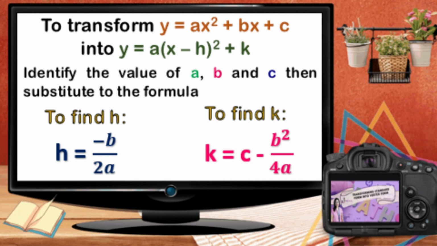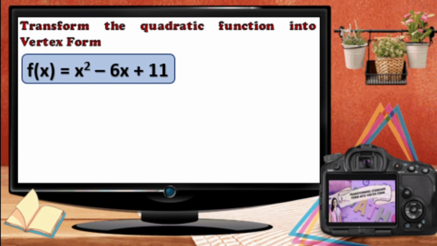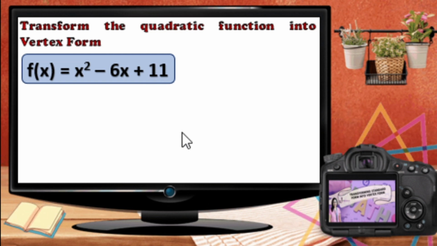So, to transform the standard form into vertex form, we get the value of h and k, which is the vertex of the quadratic function. For our first example, f of x is equal to x squared minus 6x plus 11.